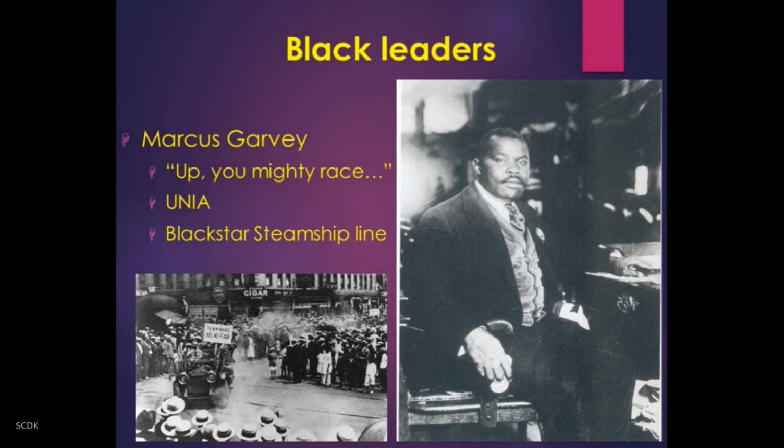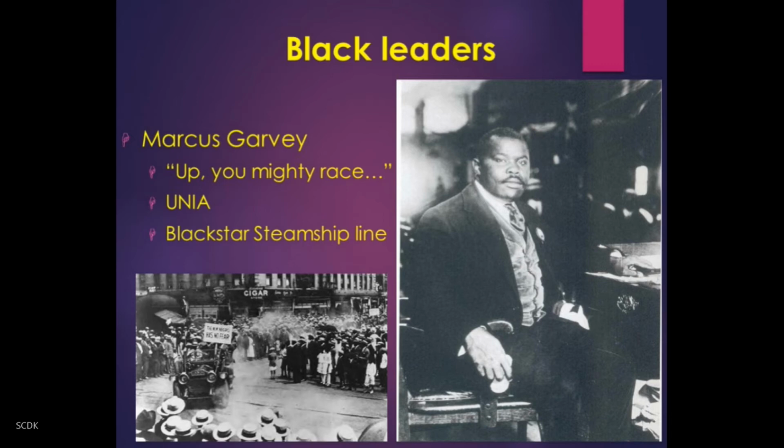Conditions weren't always easy, of course, for blacks who left the South for the North. There was still a considerable amount of racism and discrimination. In many cases, they struggled to find good jobs or good housing. But for the most part, conditions were better in the North. And there was one key difference between the North and the South, and that is that blacks in the North could vote.